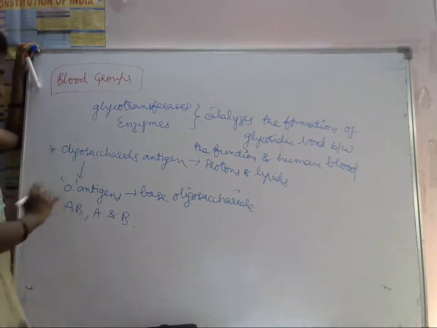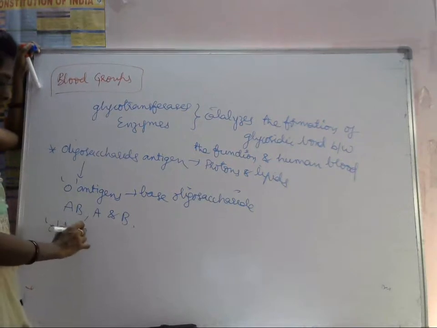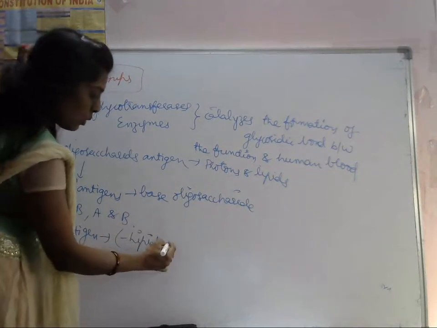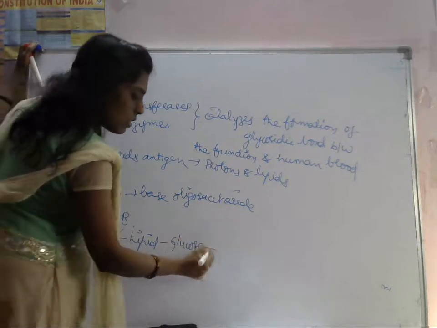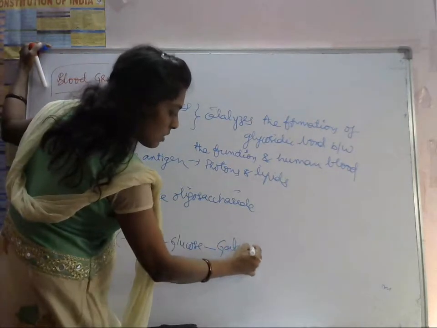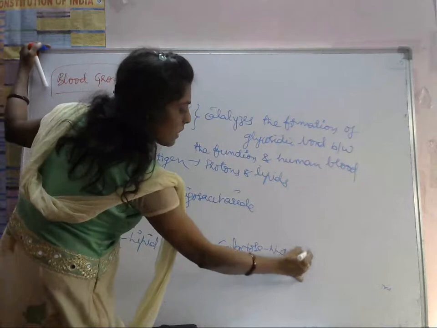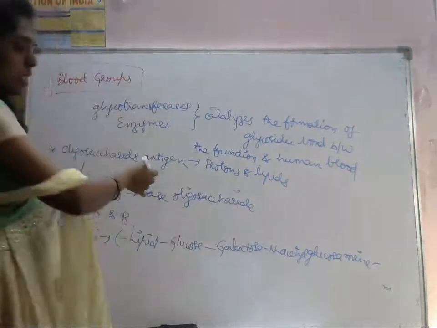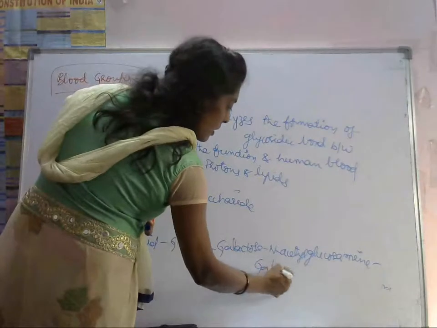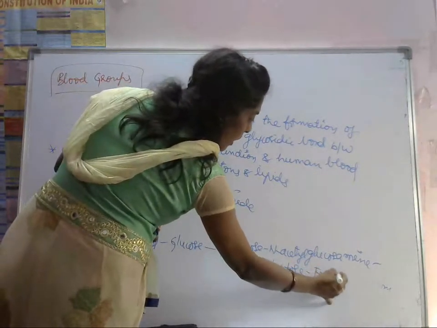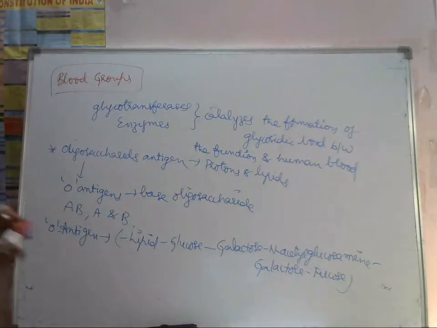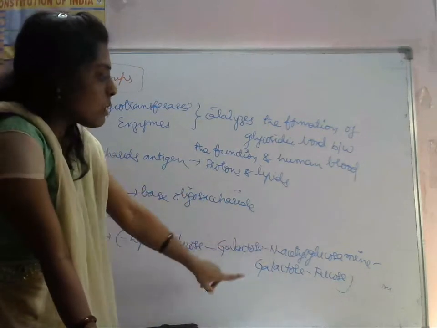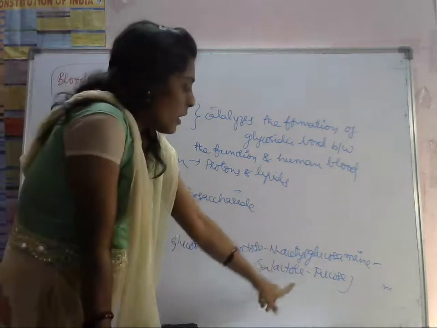What does the O antigen contain? Here a lipid is connected to glucose, which is connected to galactose and N-acetyl glucosamine, again attached to galactose, and this galactose is attached to fucose.